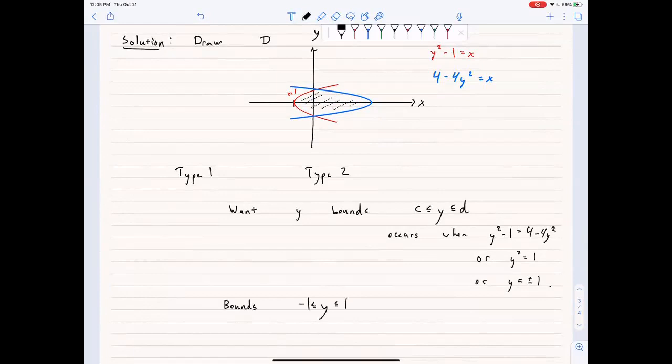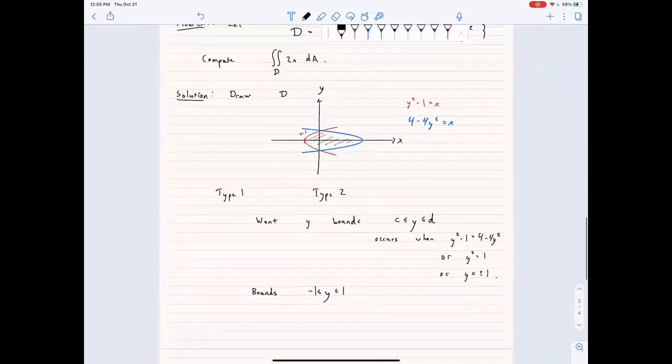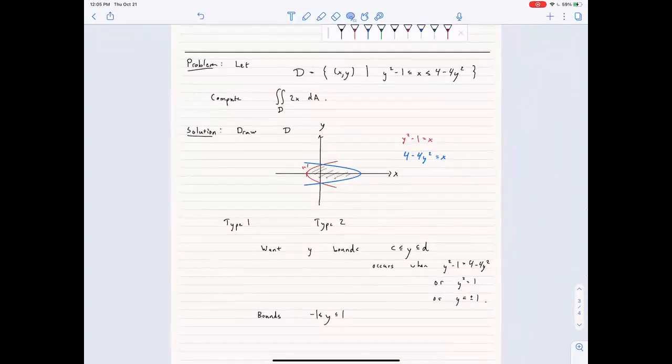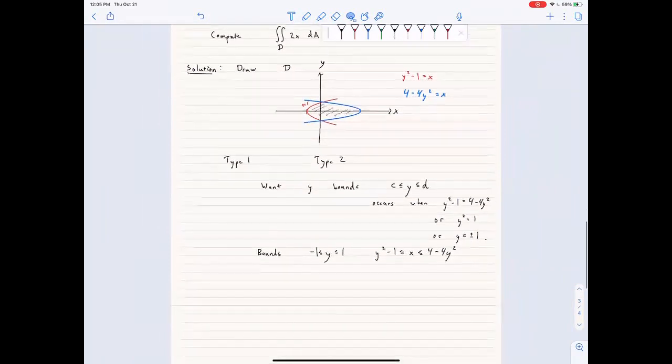So when you find these bounds, you're on your way, because now we can put these two things together. We can look at Fubini's theorem for these different regions, and we know exactly how to set up the endpoints of integration for our iterated integral. So let's do that.